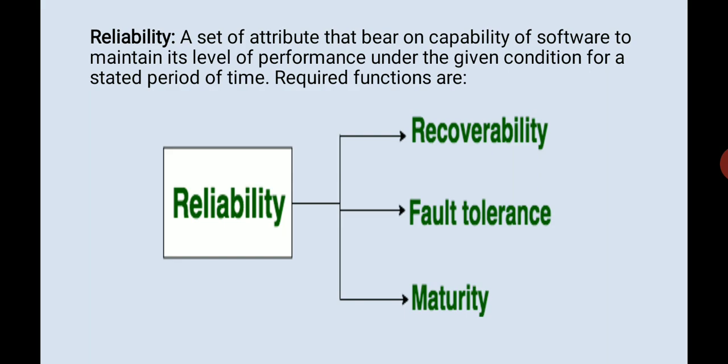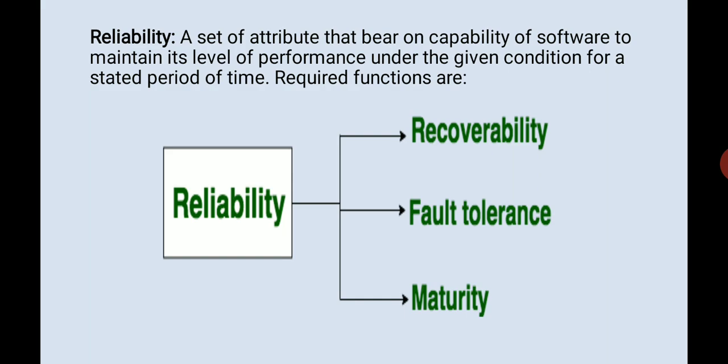If my software is damaged, broken down or disrupted, then it needs to be recoverable, right? Say with a particular code, I could recover my work. Then fault tolerance: recoverability comes after a fault, so it is better to make the software fault tolerant so that it doesn't break or become faulty, right?